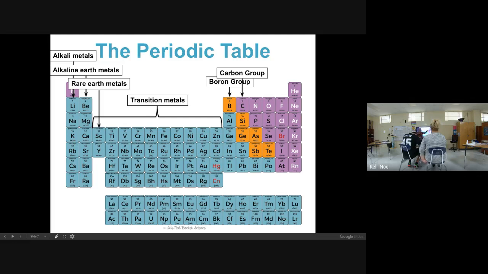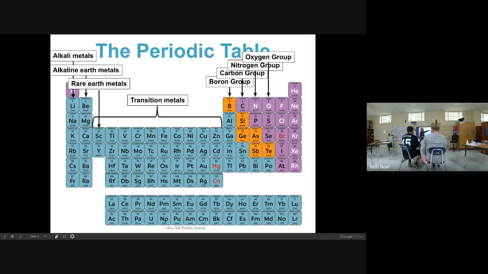So then this one is the nitrogen group and the oxygen group. Why these don't really have a specific name is because, if you can see by the colors, they're kind of a mixture. Some textbooks will call them the mixed elements, because it's a mixture of metalloids, metals, and non-metals.